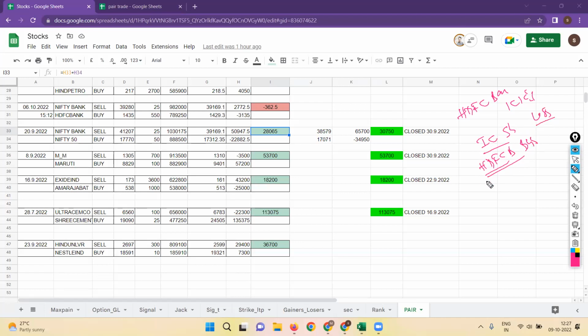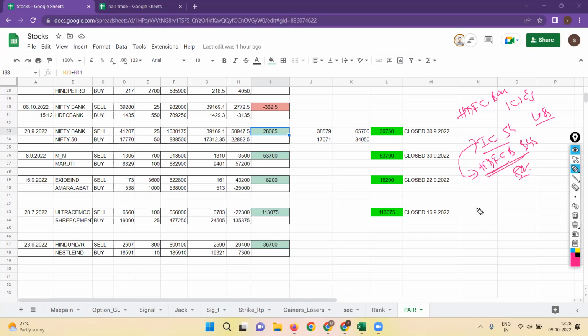Why? Because after the HDFC twins merger news, HDFC and HDFC Bank moved slowly compared to other Nifty bank assets. So this is major. I have observed HDFC Bank and ICICI Bank have a correlation greater than 80%. But unfortunately HDFC Bank did not move due to the major merger issue.